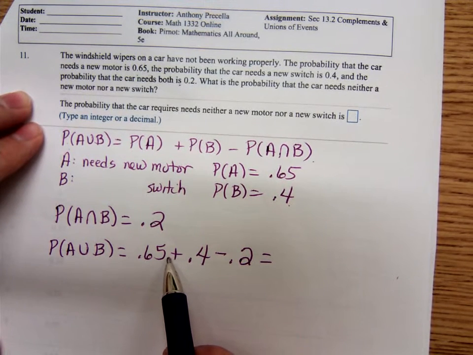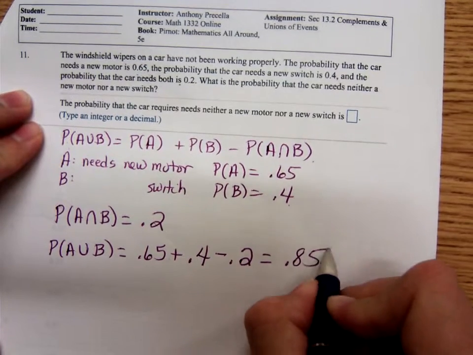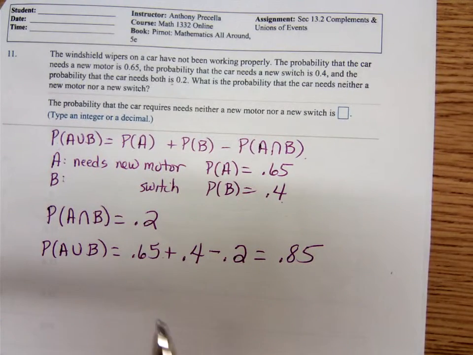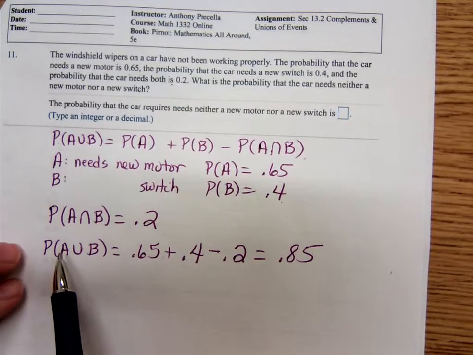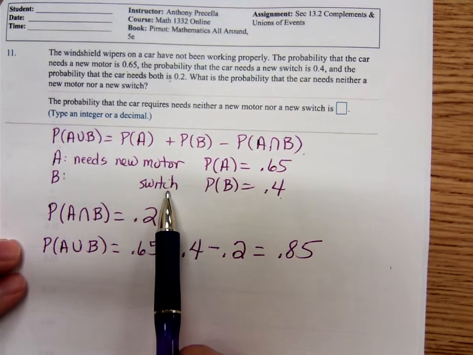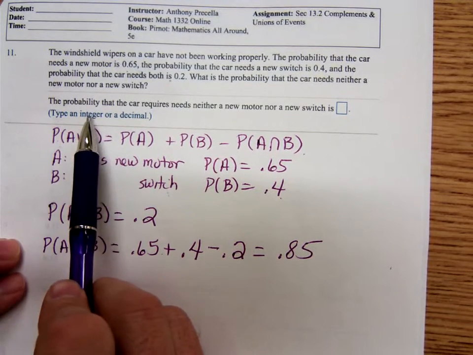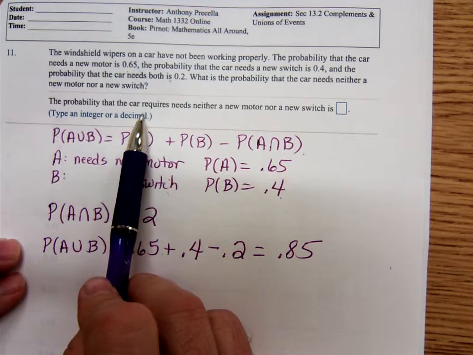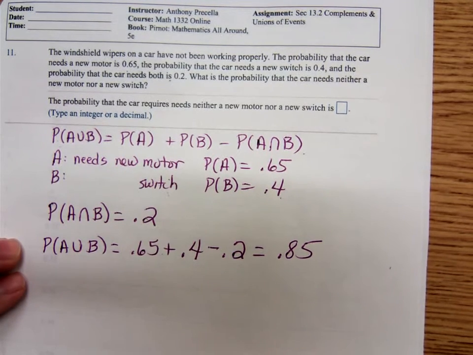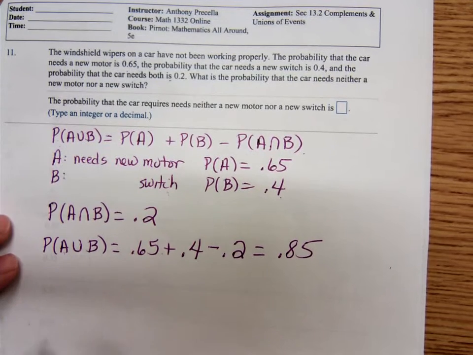Minus 0.2 is 0.85. That's the probability that it needs either a new motor or a new switch, but that's not what it's asking. It wants to know what's the probability that the car needs neither a new motor nor a new switch.